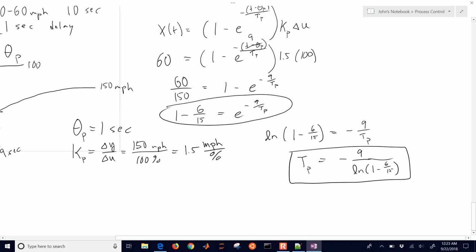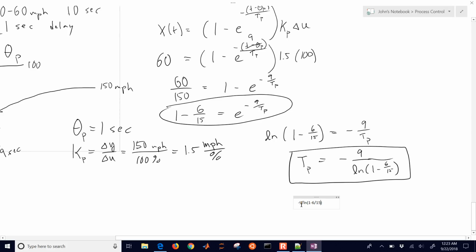Let me just see if OneNote will do this for me. Negative 9 divided by natural log of 1 minus 6 divided by 15. I think I might need an equal sign on the other side.